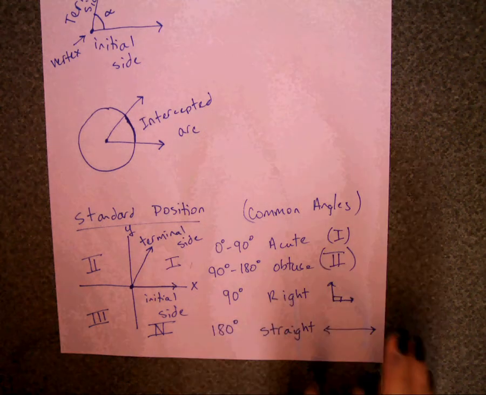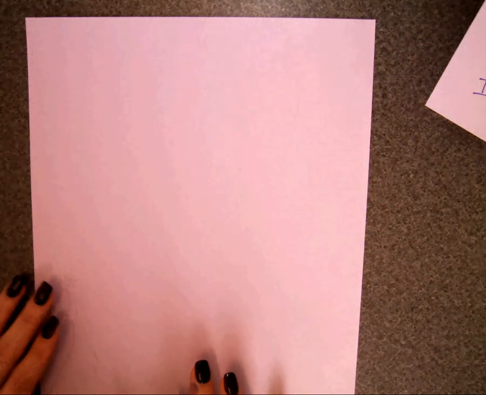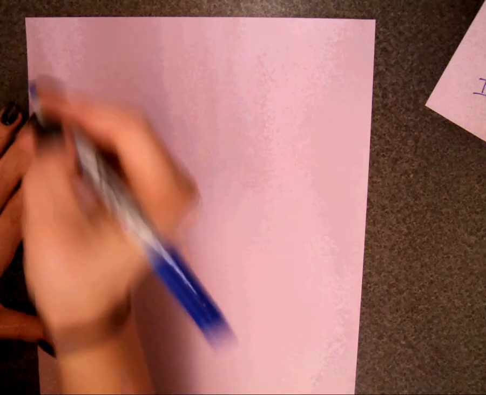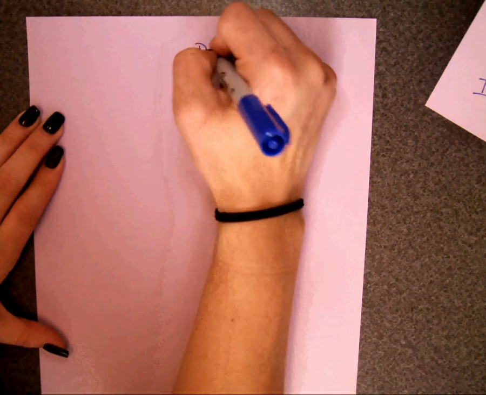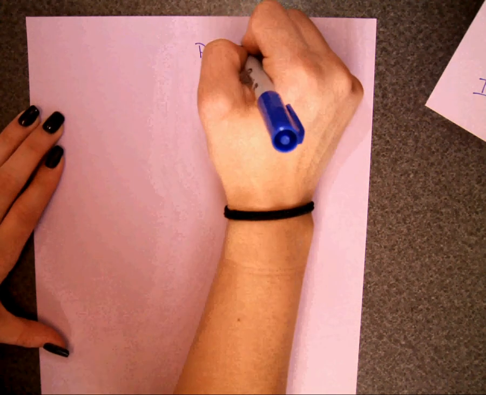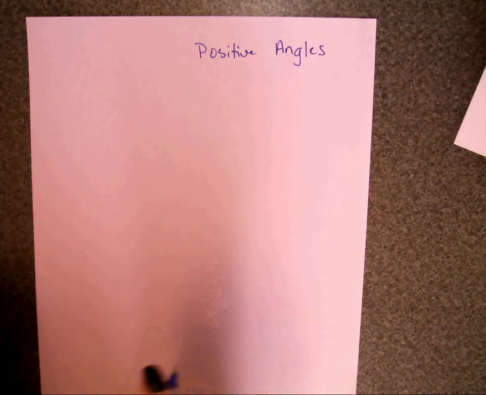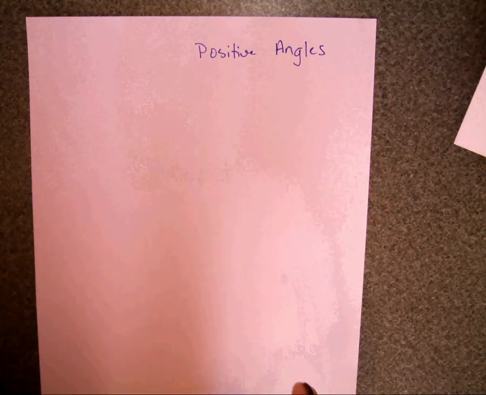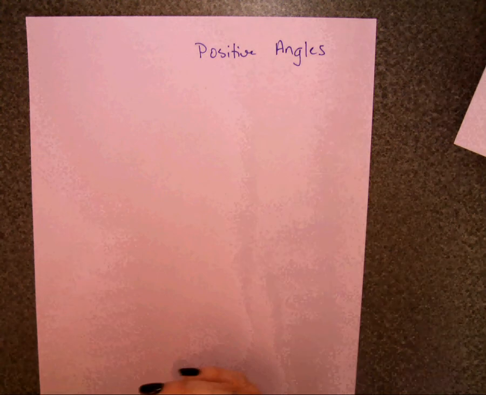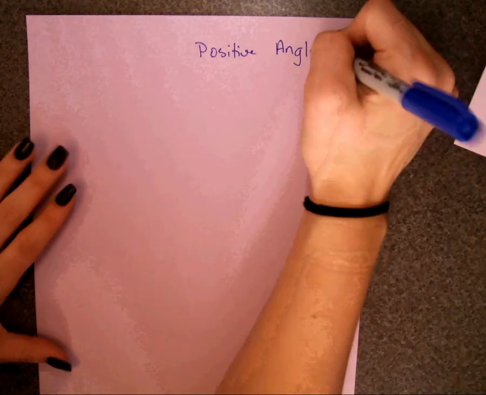Now, depending on the direction that our terminal side leaves our initial side, creates either positive or negative angles. So how do we create positive angles? To create positive angles, you're going to want to go up from the initial side. So up from the positive x-axis, so in the counterclockwise direction.